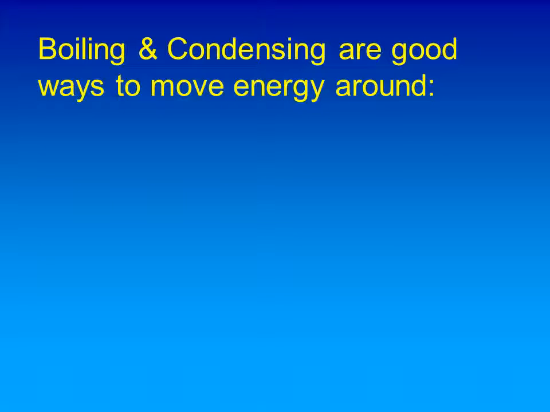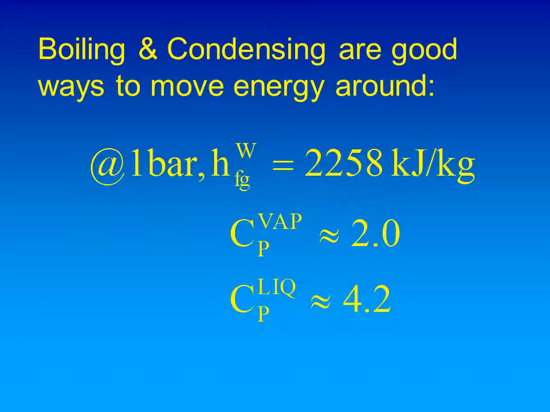Boiling and condensing are great ways to move energy around because of the heat of vaporization, and particularly for water, water is an excellent working fluid because it has such high heat of vaporization, 2,258 kilojoules per kilogram at 1 bar, depending on the pressure or temperature. Whereas to get that much change in energy from a vapor, gosh, you'd have to change it 1,000 degrees.